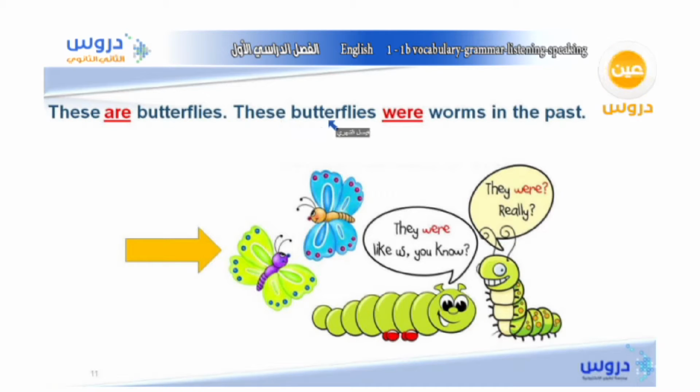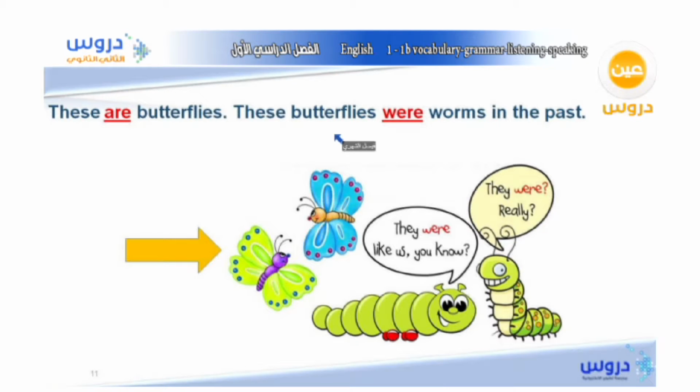Now, verb to be. In the past of is and am, you are using was. Okay? I was born in Riyadh. He was a doctor. She was in the US. It wasn't cold yesterday.